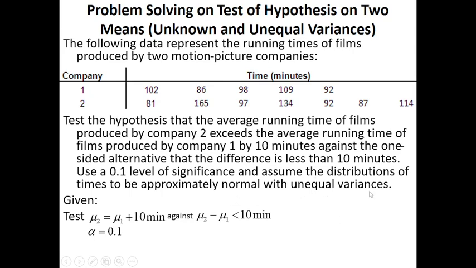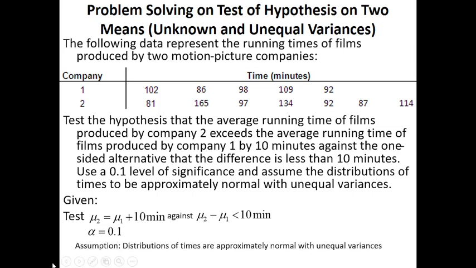So we are going to have a test statistic that suits the problem.